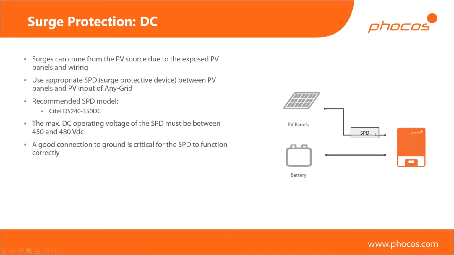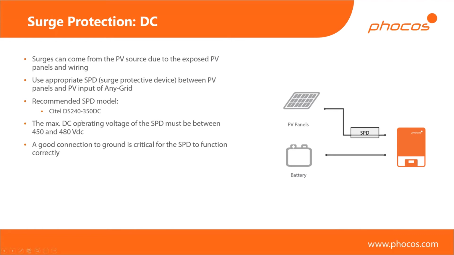Surge protection on the PV side, again, we make a recommendation here. I'll update that. This recommendation is for the 230 volt models. We'll make a different recommendation for the 120 volt models. You'll actually see that later in the slides as well.